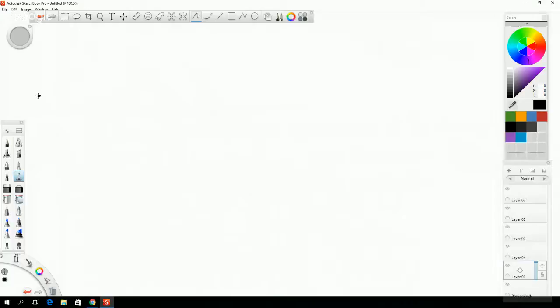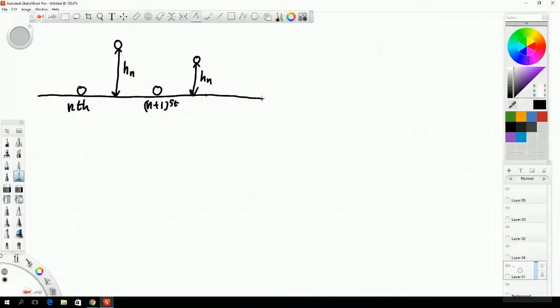Again, just drawing one bounce here, hn. We want the time between the nth and n plus first bounces. So actually the nth bounce happened somewhere here, and the n plus first happens somewhere here, and then we reach height hn plus 1, excuse me.